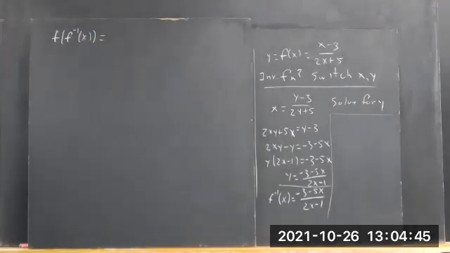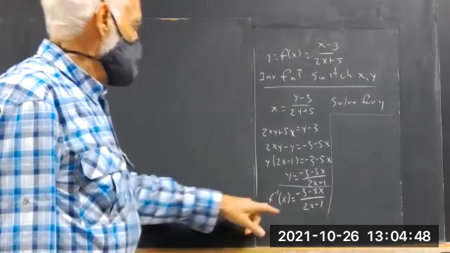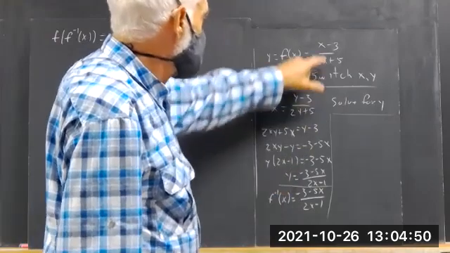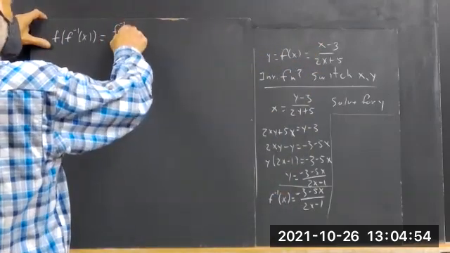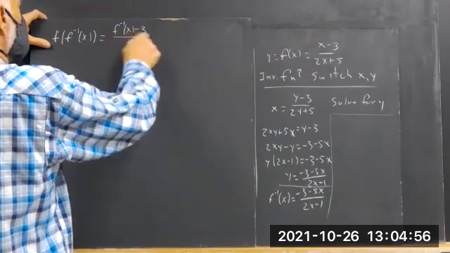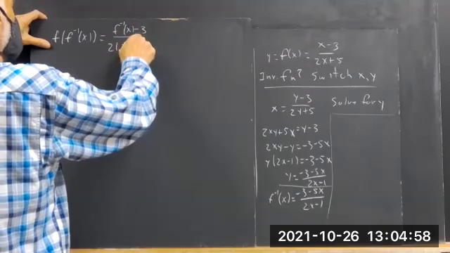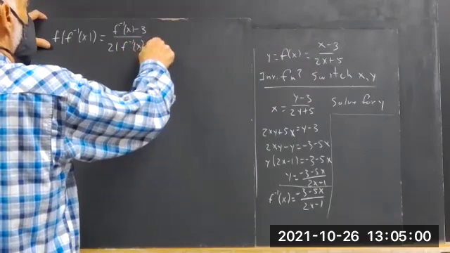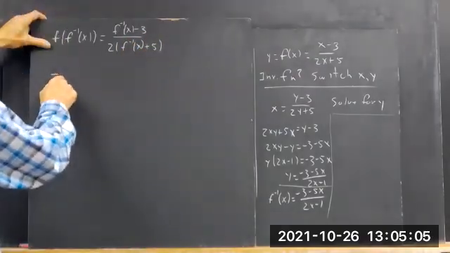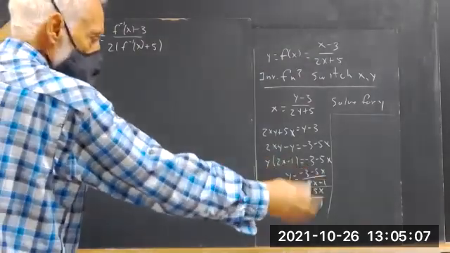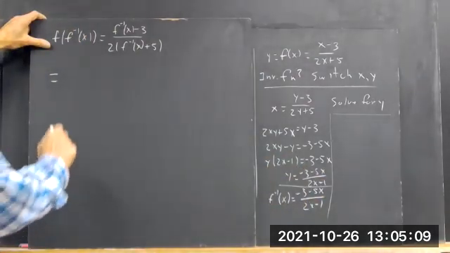The f inverse of x is what? Well, you plug f inverse of x in here. That's (f inverse of x minus 3) over (2 times f inverse of x plus 5). F inverse of x, of course, is (negative 3 minus 5x) over (2x minus 1).